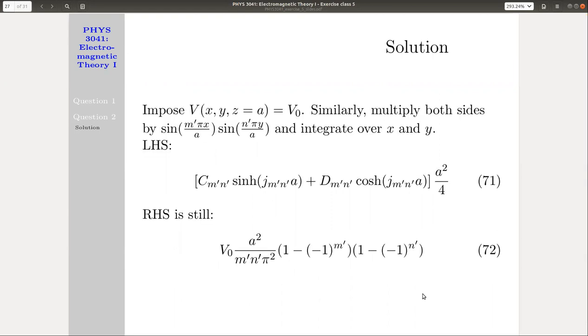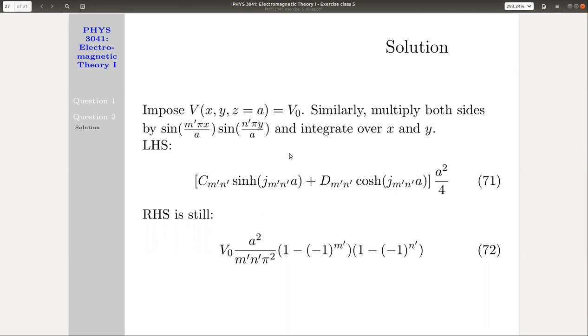And then we impose the last boundary condition. Similarly, we just substitute z to be a, and then we multiply both sides of the equation by the sine here, and then we integrate them over x and y from 0 to a.